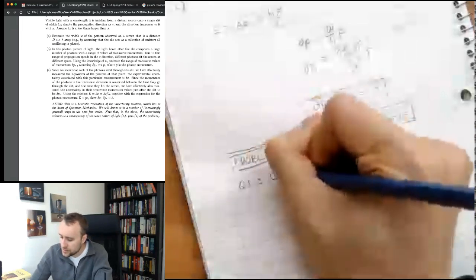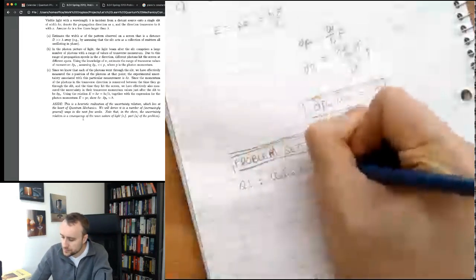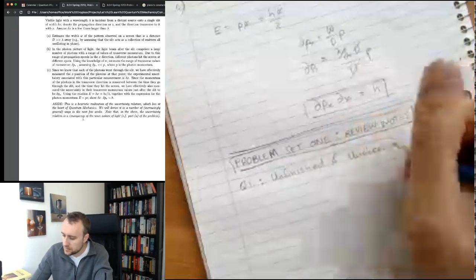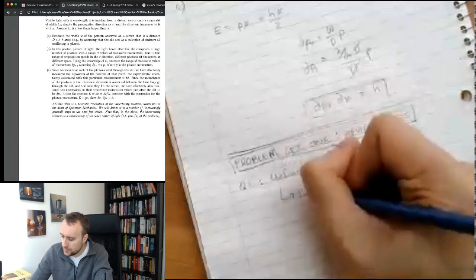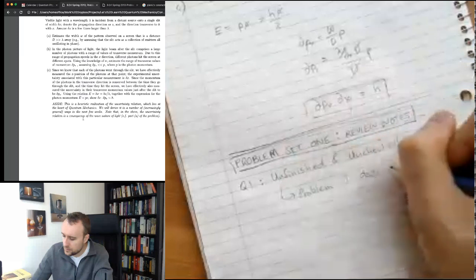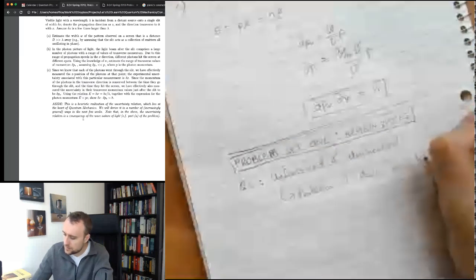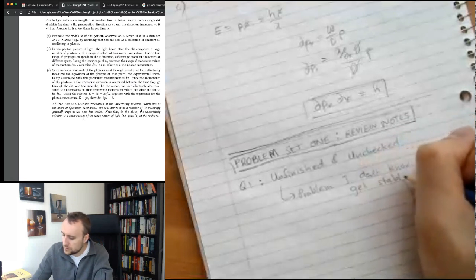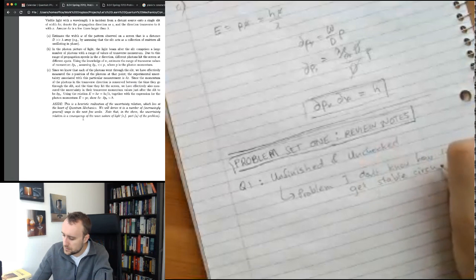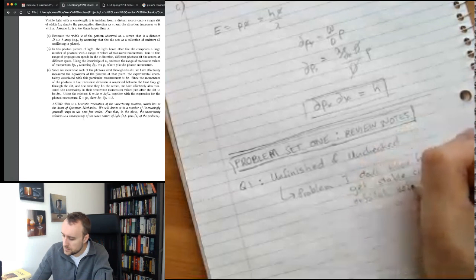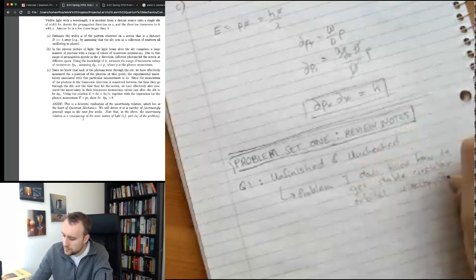Question 1. I'm going to just put this was unfinished and unchecked. Problem, I don't know how to get the stable circular orbital velocity for the electron.